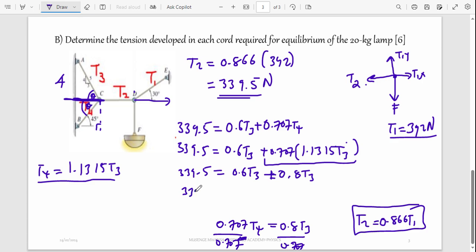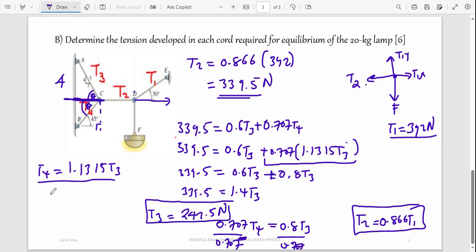So this will be 339.5 is equal to 0.6 plus 0.8, that will be 1.4 T3. To find T3, divide both sides by 1.4. So 339.5 divided by 1.4 is going to give us 242.5 newtons.